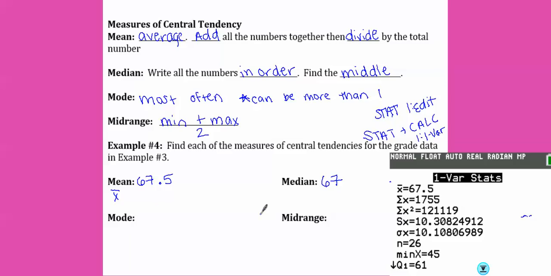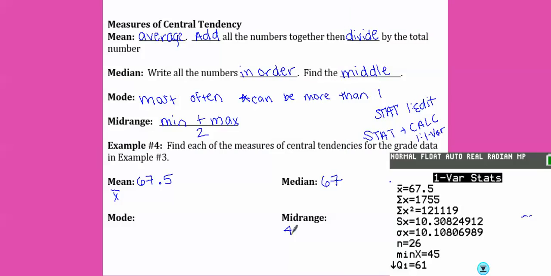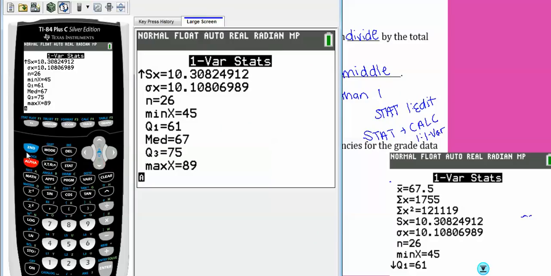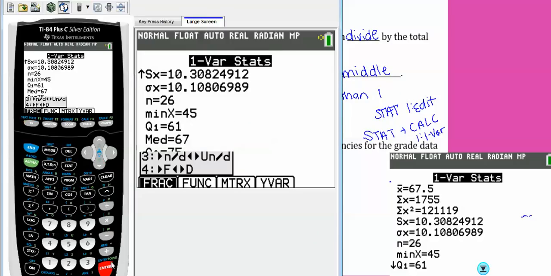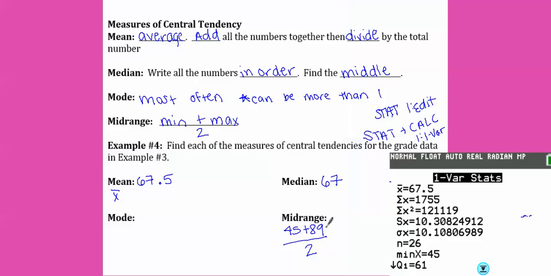We're going to have to do that ourselves. Mid-range is the min, which is 45, and the max, which was 89, divided by 2. That gives us 67 also.